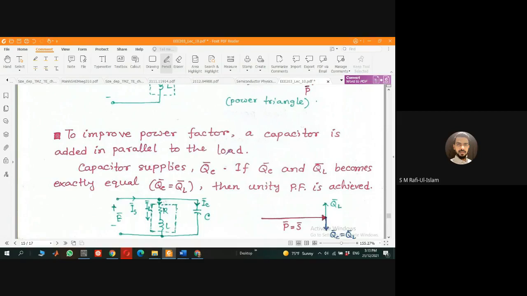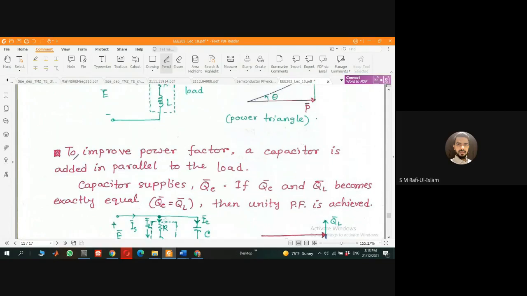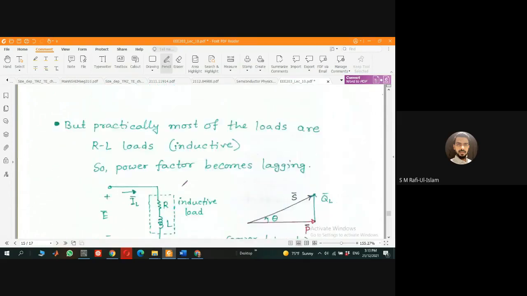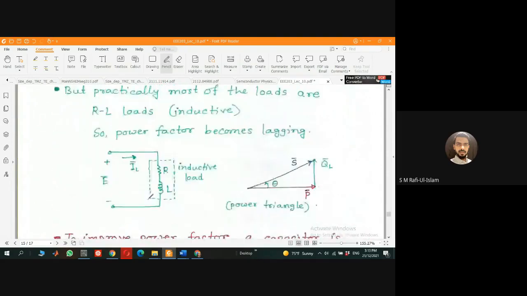So for now, generally although they say that to improve power factor a capacitor is added in parallel to the load, that is not always true. This is only true if my load is an inductive load. If my load is inductive, the inductor has positive reactive power.